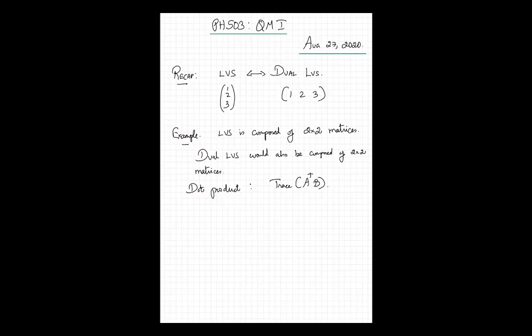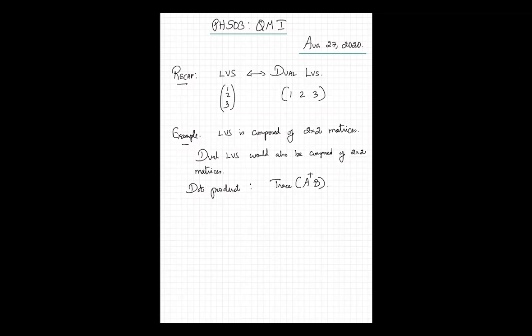There is a question of linearity and things like that. There are about 2 or 3 very simple rules that the dot product should satisfy, and it turns out that this definition of dot product in this particular linear vector space, trace of A dagger B, satisfies all these different rules. So once you specify your rule, you should stick with that particular rule to construct the linear vector space.